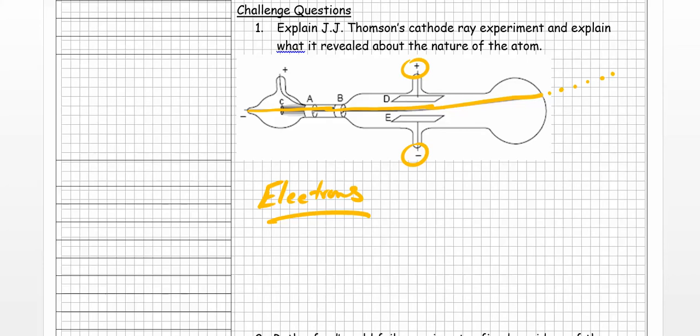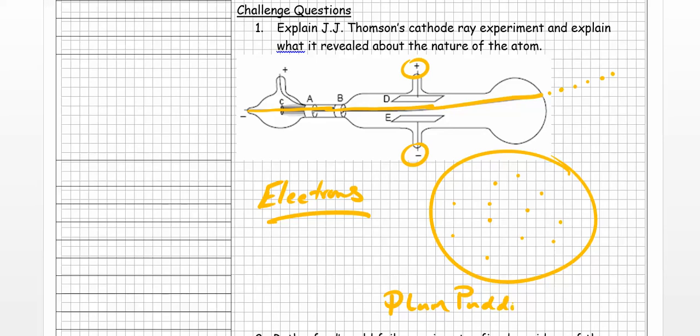Rather than being a single sphere, J.J. Thomson envisioned a sphere with these little particles called electrons embedded throughout the atom like plums in a plum pudding. So he calls this model the plum pudding model of the atom. Okay? So that's J.J. Thomson's contribution.